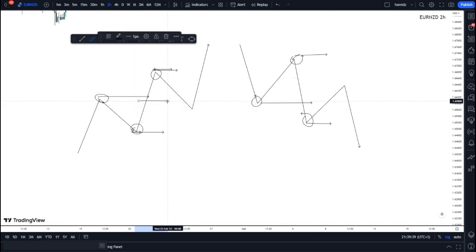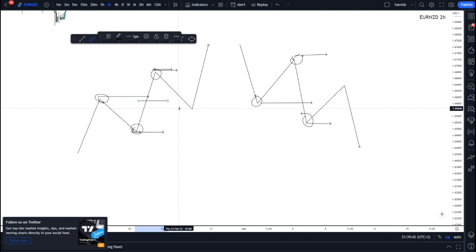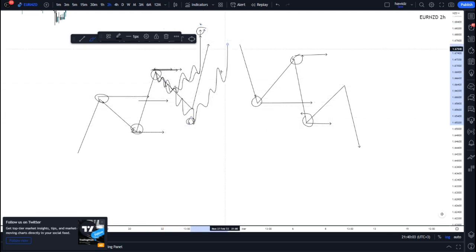Price has two scenarios. Price could just slightly come down and then make that move up to break this high and form a new high. Or price could make a deeper retracement into an area of demand down here and then make that move up to break this high here.